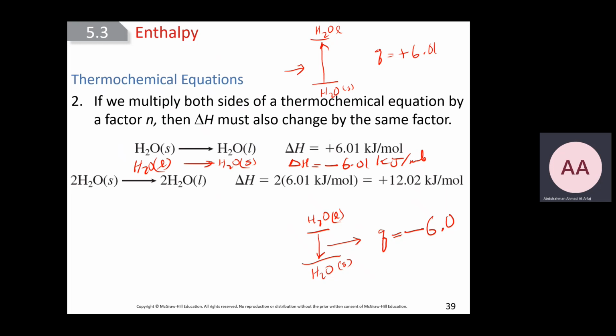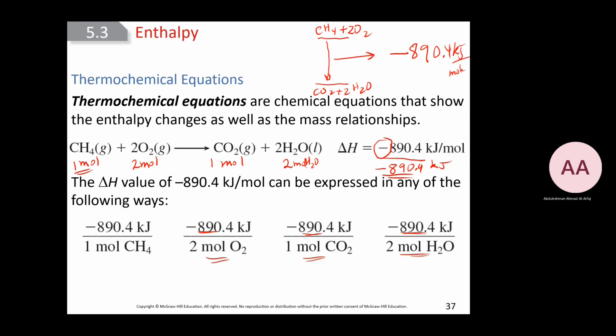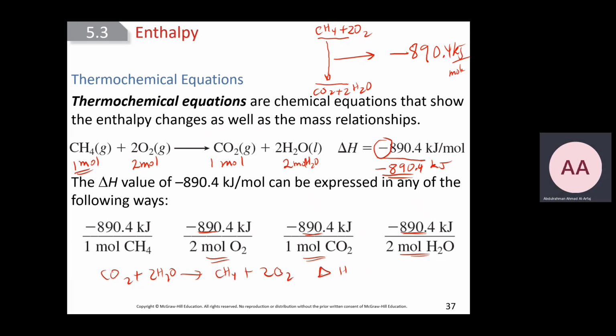Okay, same thing with this one. If I reverse the reaction here, this means I go CO2 plus 2H2O to give you CH4 plus 2O2. This means delta H will be plus 890.4.